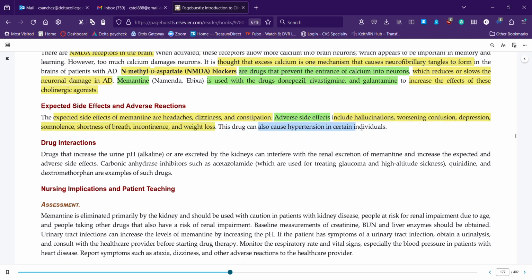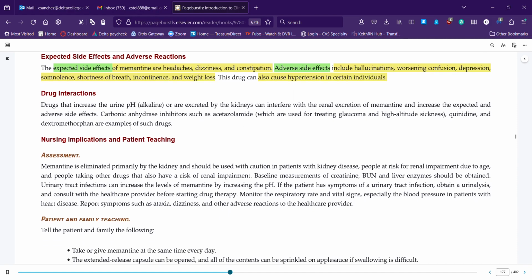It also can cause hypertension in certain individuals. So if any of these things start to happen, then we need to notify the doctor, and the doctor will be the one to figure out, is this because of the drug, or is this because of the progression of the disease.